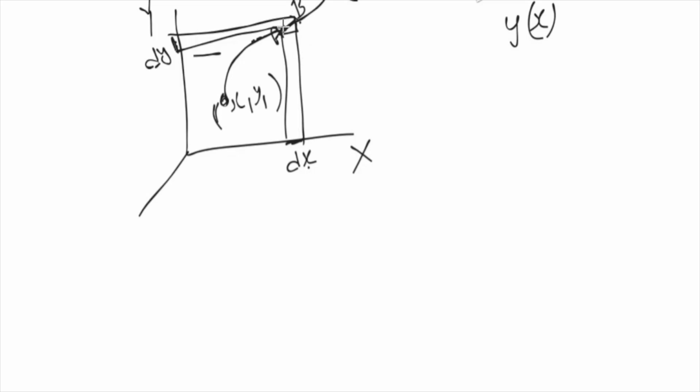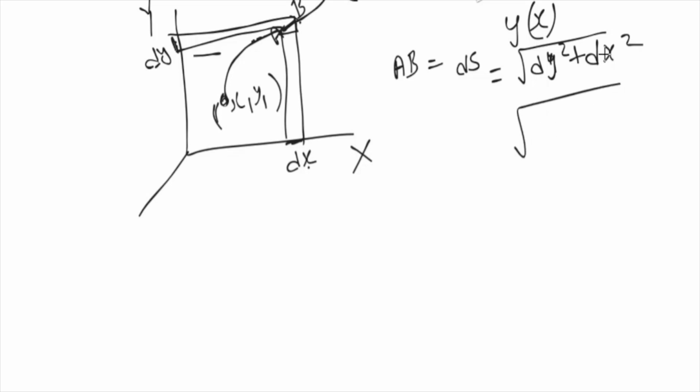So according to the Pythagoras theorem, the length of this AB, which can also be defined as ds, is equal to the square root of dy squared plus dx squared. And we can take dx out: dx outside, then here it will be 1 plus dy upon dx whole squared, and outside it will be dx.